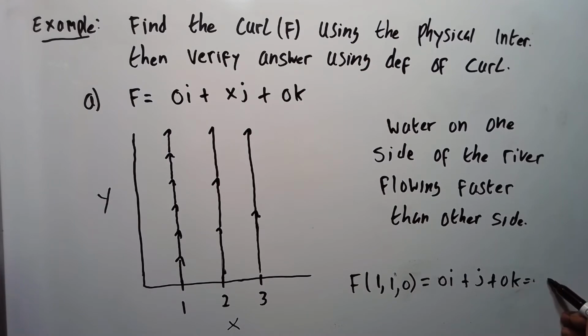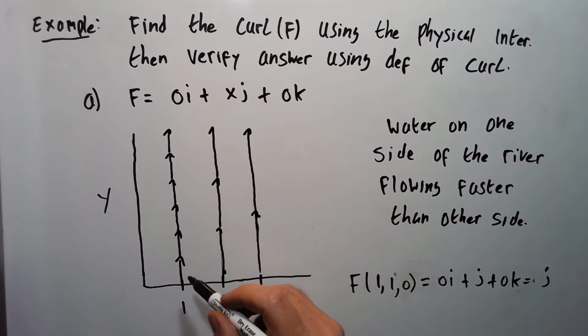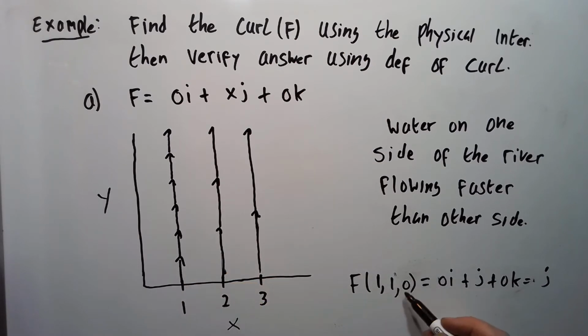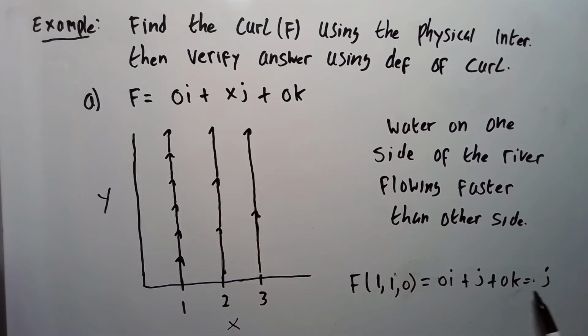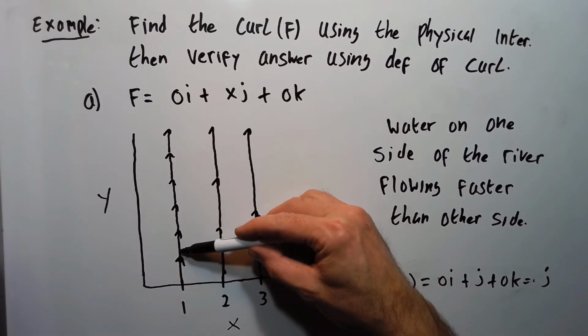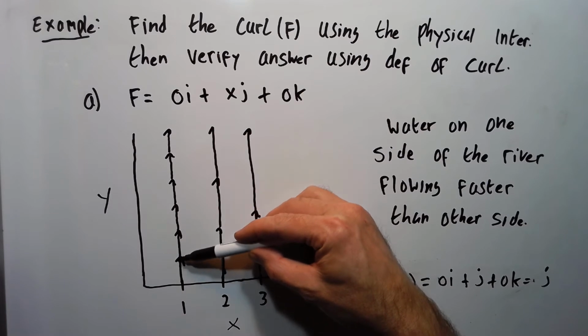So it'd just be j. So 1, 1, 0 would be right here. You'd have a vector j, pointing in the j direction, so it's here.